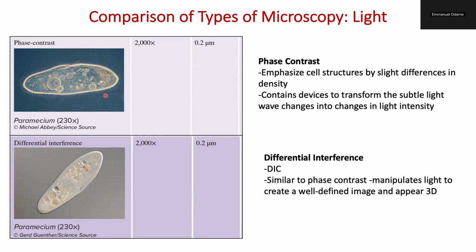Then lastly is the differential interference microscope. It's similar to phase contrast, but it manipulates light to create a well-defined image, and it appears as 3D. So you realize the same organism which looks flat here appears as 3D here.